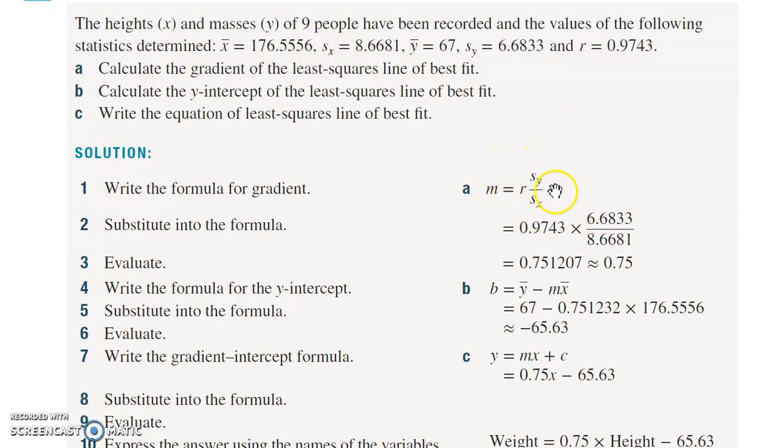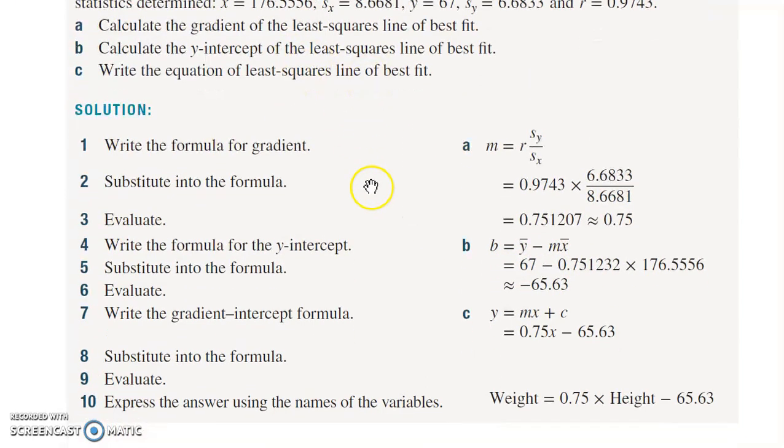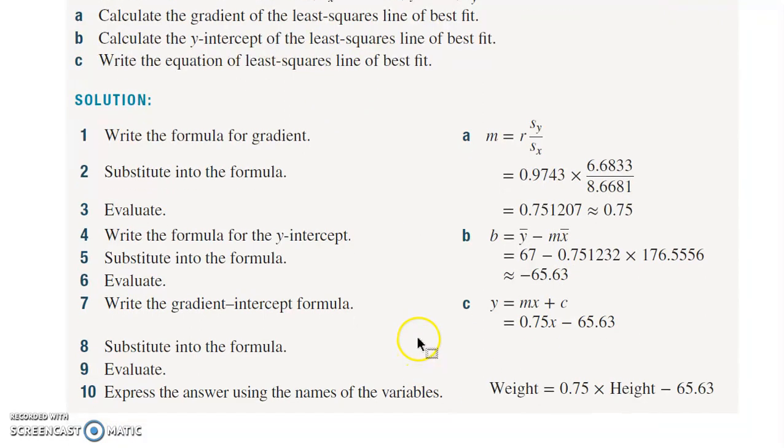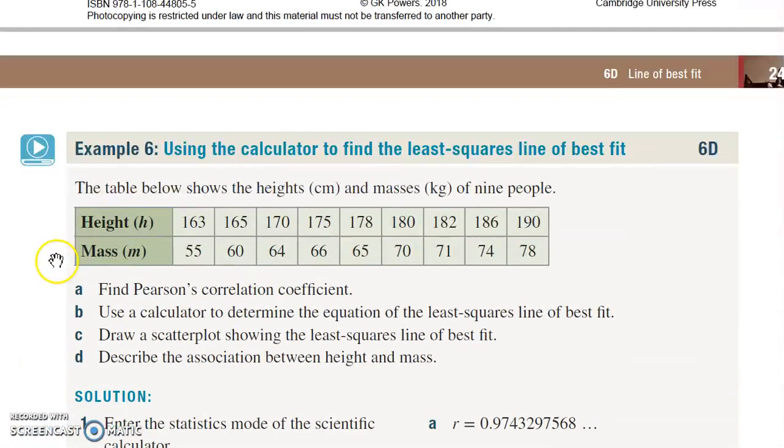You just sub them in and multiply it by the correlation coefficient. Then the y-intercept using, again, that formula, which was shown to you before. And then they get you to sub it into y equals mx plus c and graph it. Okay, so in our course, you don't have to calculate it by hand, but you need to know how to obviously graph the line at the end.